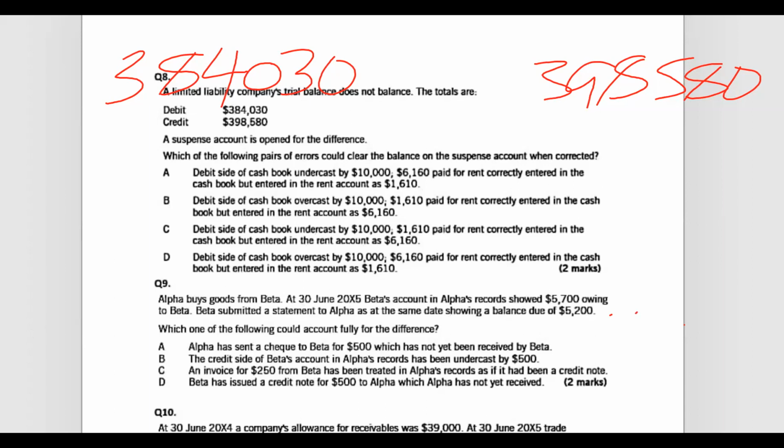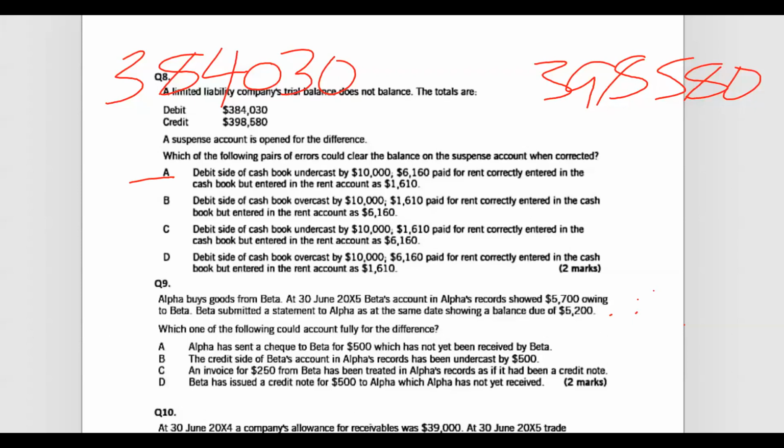Is that an answer? Do you have a solution? All right, so what is there? Let's start with the first option.